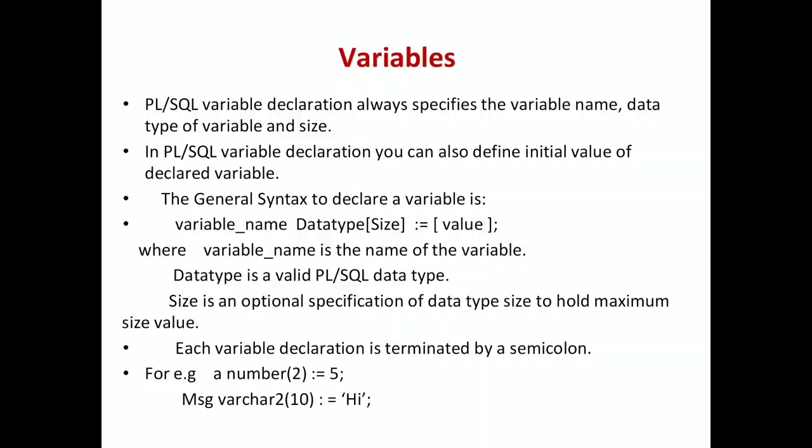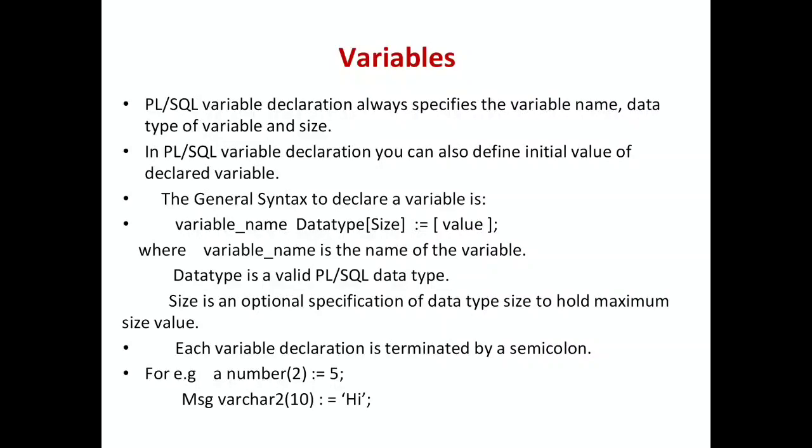that will be assigned. Now we will see the syntax. What is the syntax? First variable name, then data type, then in brackets size, colon equal to value, and then semicolon. Variable name means the name of the variable which you want to use.